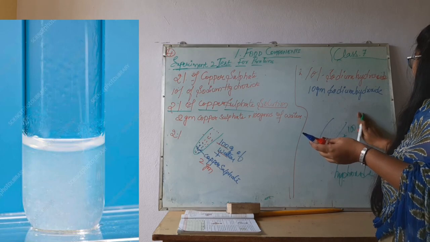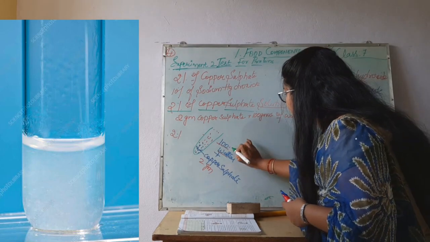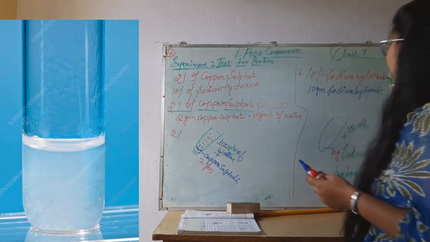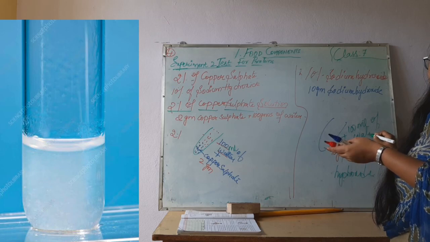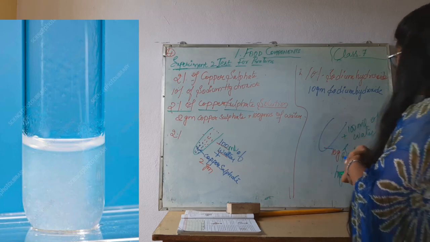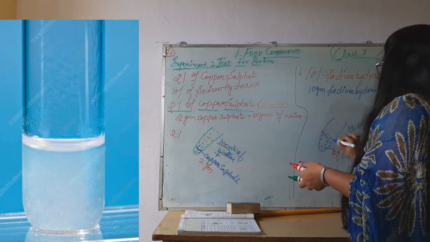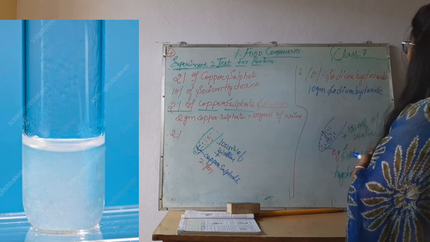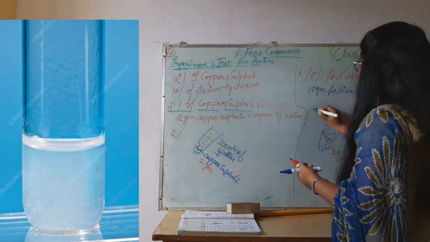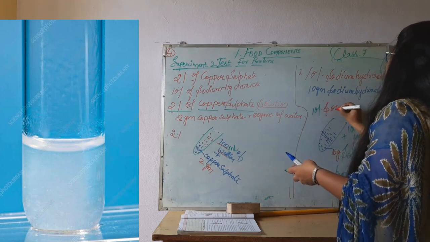So 100 milliliters of water, not grams. Here also there is a small change. 100 milliliters of water, not grams. You add water into it, so it becomes 10% sodium hydroxide.